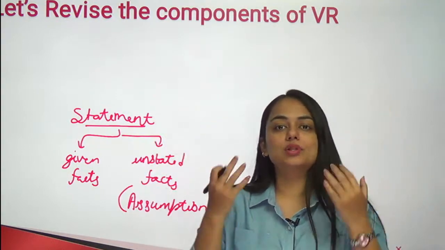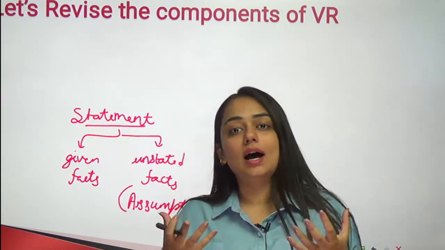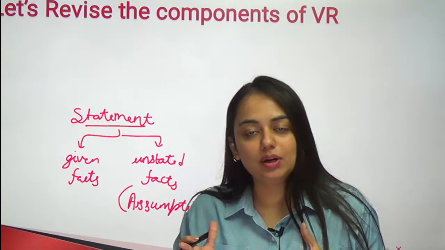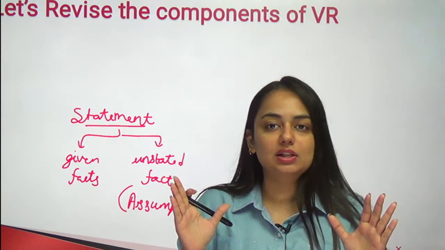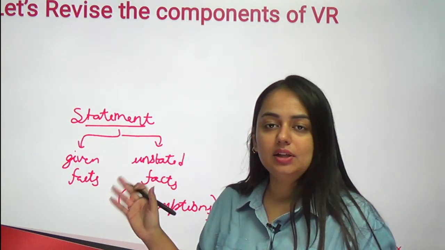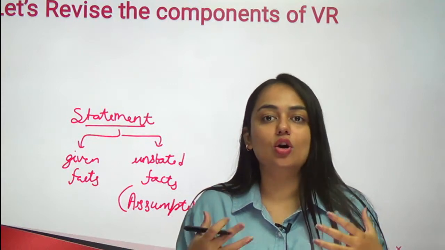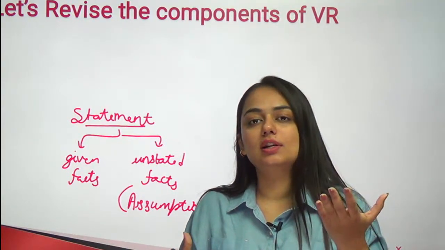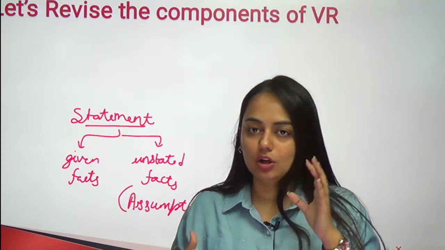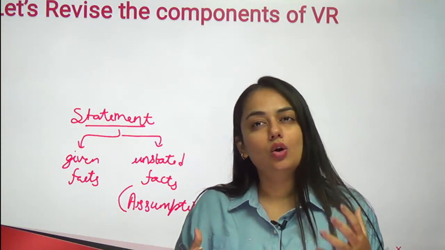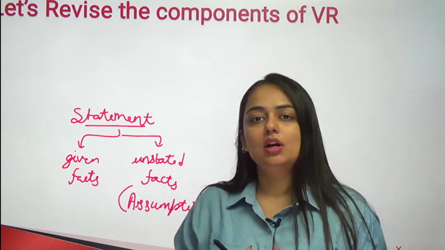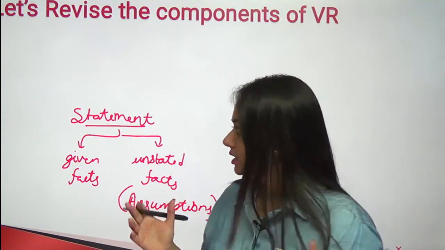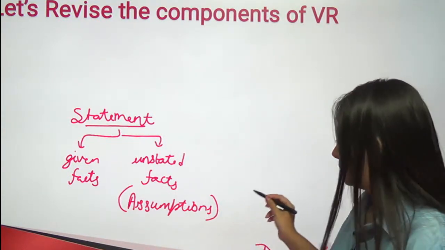So assumptions are kind of unstated statements that will never be given explicitly to you by the examiner. These are the assumptions of the author which you have to guess. So you just have to put yourself in the shoes of the speaker or the author and then guess, okay, before issuing this statement, what would I assume? So this is how you have to guess the assumptions.